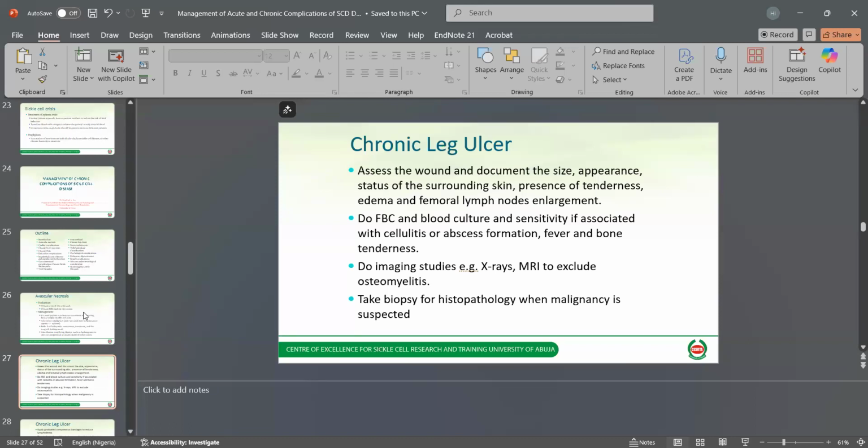For the avascular necrosis of the head of femur, we check for femoral lymph node involvement. Do a full blood count and blood culture if associated with cellulitis or abscess formation, fever, and bone tenderness.